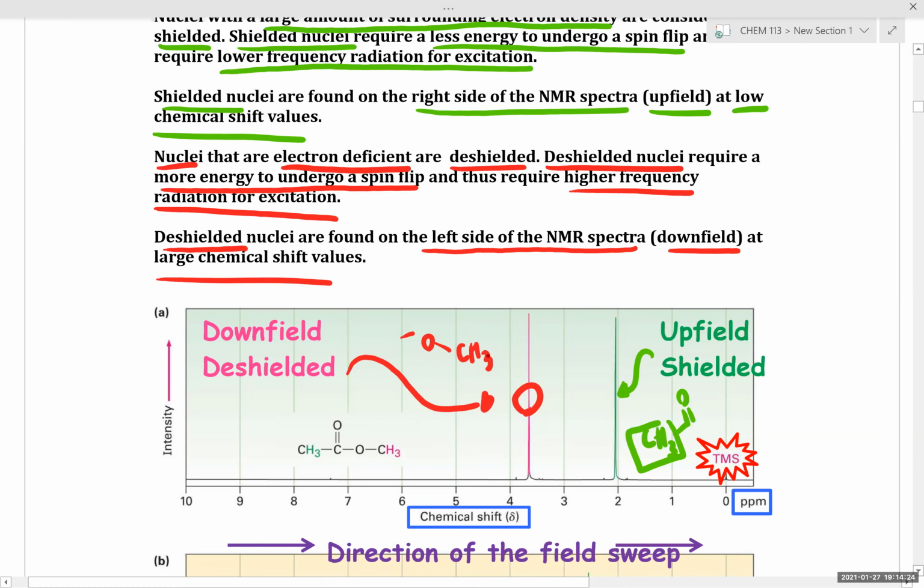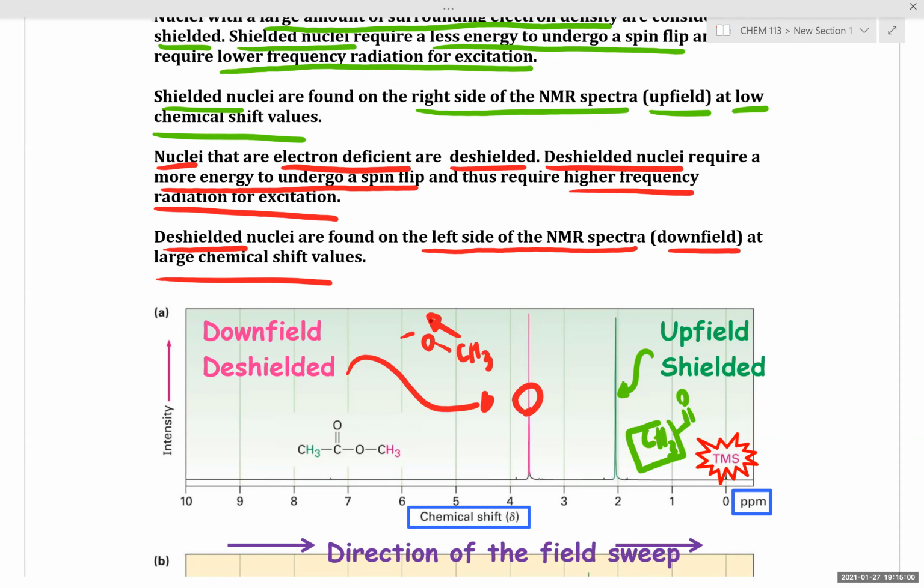As you notice, the reason why these protons are further downfield is they're more closely adjacent to an electron withdrawing atom, and as a result, they experience a greater inductive effect. Sorry, the protons in this methyl group attached to the ester oxygen are more electron deficient, and as a result, they appear further downfield at larger chemical shift values.